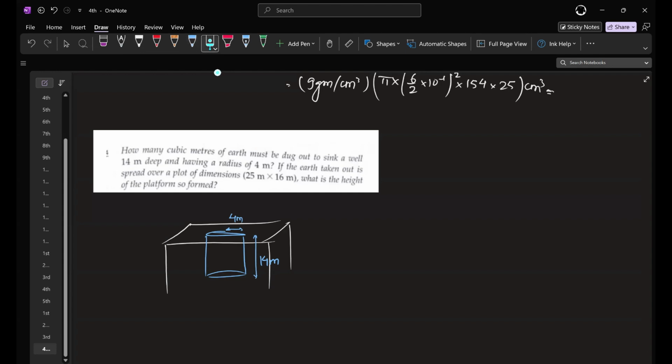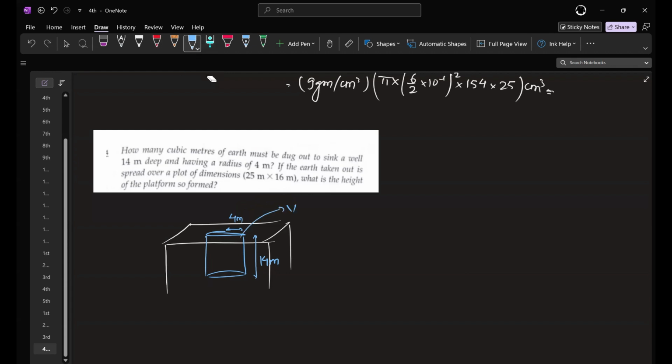You have been asked how many cubic meters of earth, it means how much volume of earth you have dug out in order to create this well. And that volume is spread over a plot.